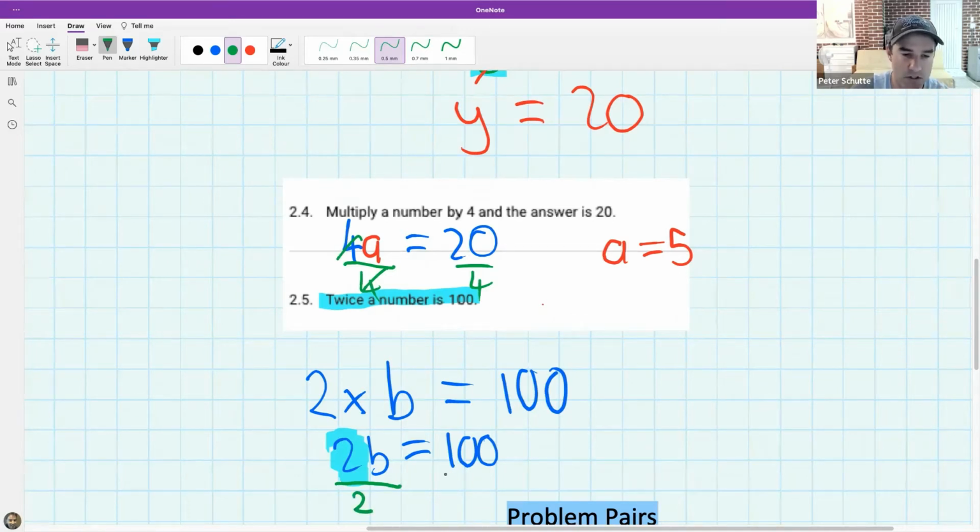I need to do it to both sides so that the equality is kept the same. Now, what's my final answer going to be? So 2 over 2 is the same as 1. B is 100 over 2, which means B is 50.